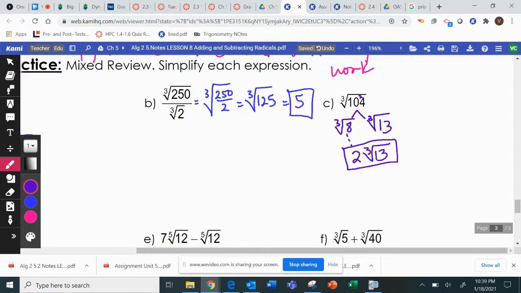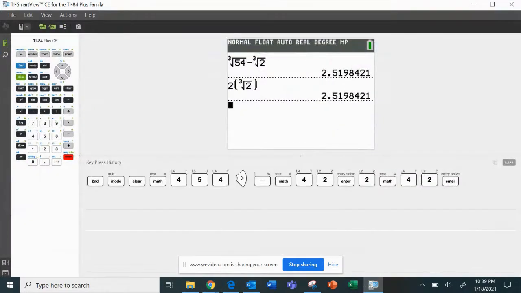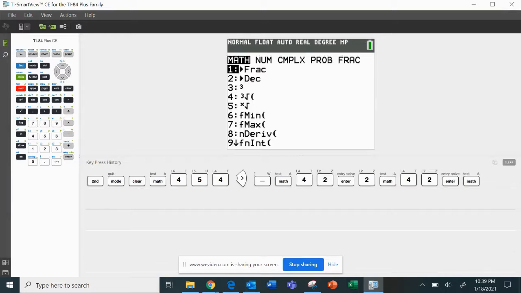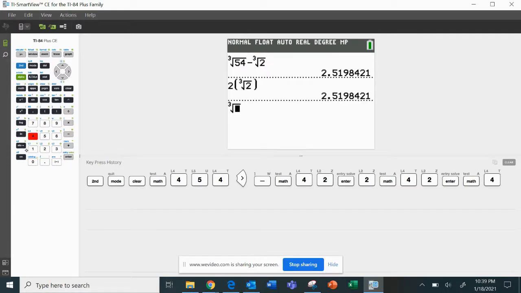Okay, sorry. You see how I just made that silly mistake? This would be a good time for us to show again how we can check our answers with the calc. Cube root of 104. So I'm going to go math 4 and then 104. And I did 4.7 something.